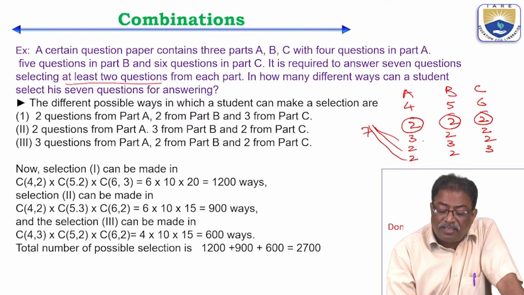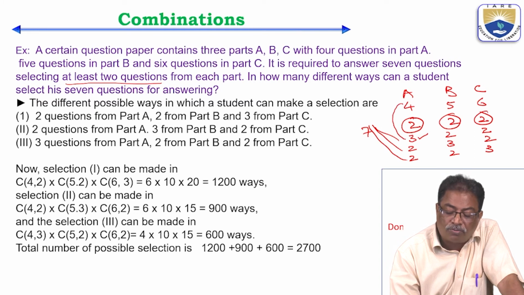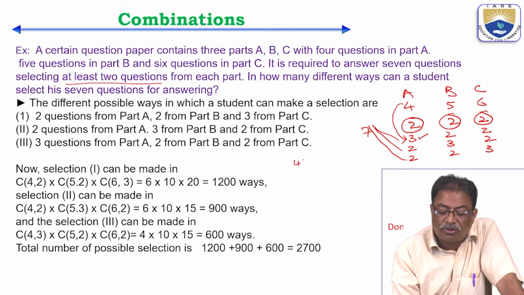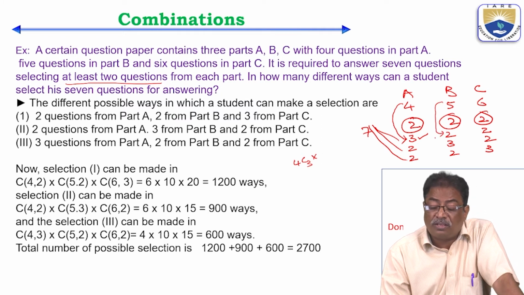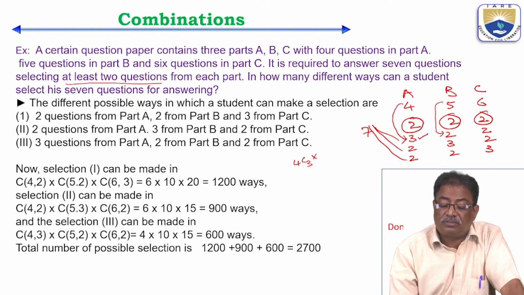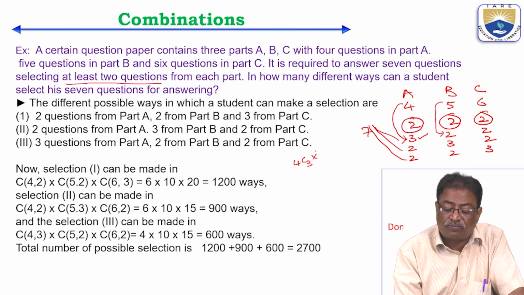So now, we have to select 3 questions. The student has to select 3 questions out of 4. So that means we are going to get 4C3 into, the second one, he has to answer 2 questions from part B. So while answering the first 3 questions from part A and the next 2 questions in part B, out of 5, he has to select 2 questions.